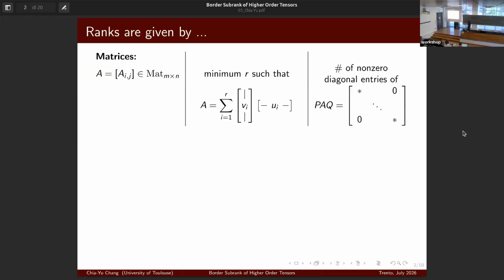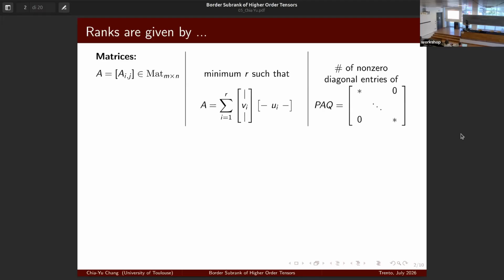Okay, now let's start from the matrix rank, because border subrank is also a generalization of matrix rank. For a matrix, there are several methods to find its rank, and here I list two methods.